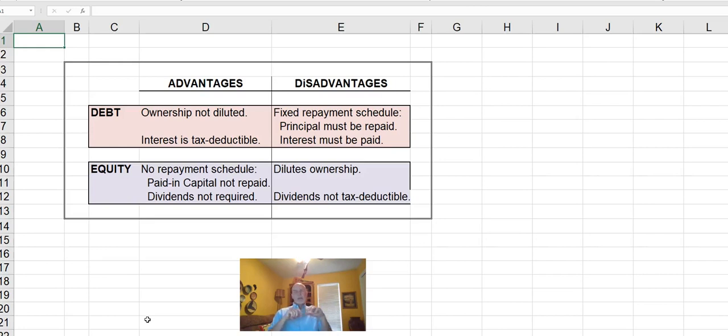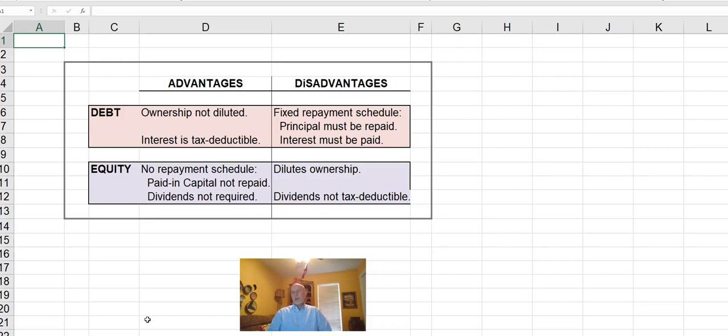And another thing is when we pay dividends, remember, dividends is a distribution of profit. It's not an expense. It doesn't lower profit. It just lowers how much of the profit we're keeping. So those dividends are not tax deductible to the corporation.